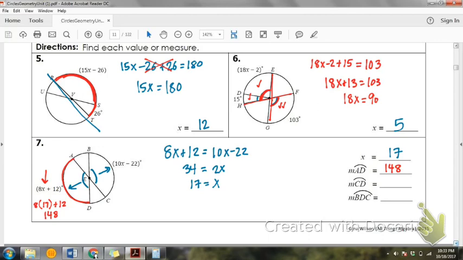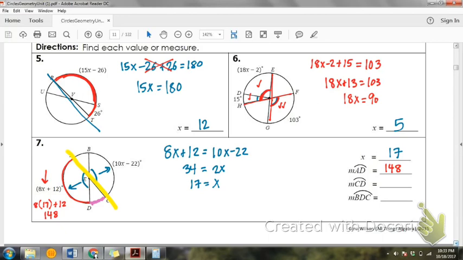Then it says to find the measure of arc CD. This arc right here. Now the problem is I don't have anything to represent that measure. Look at the problem and see if you can figure this out. What do we know about arc CD and arc AD? Together, they make half the circle.